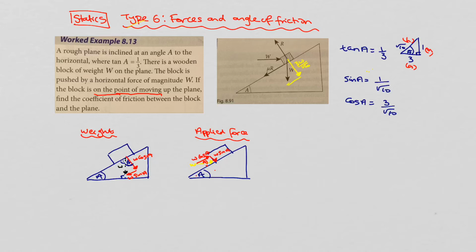Parallel, this was sine because it was opposite the angle A, so W sine A is W over root 10. We then have our pushing force resolved, which was W cos A parallel to the plane, so 3W over root 10. Perpendicular to the plane was sine, so that was W over root 10. Sorry, they're really small.